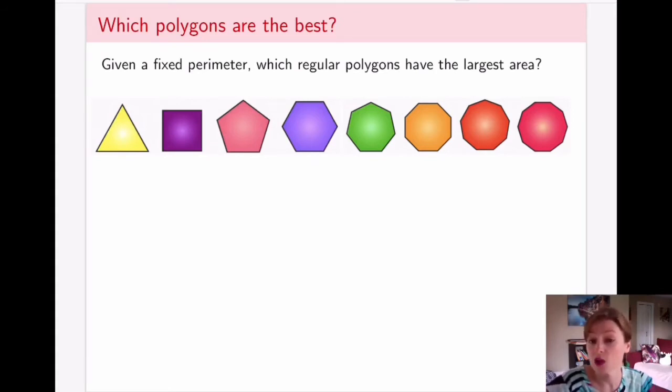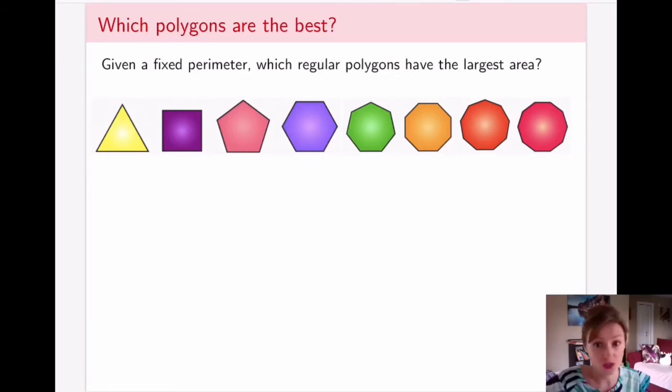It doesn't take very long to persuade yourself that the more sides, the better. So in fact, something much closer to a circle will include the most amount of area for the same perimeter, okay? Now, a circle, of course, is not a polygon, but if you have lots and lots of sides, that's a pretty good approximation of a circle.